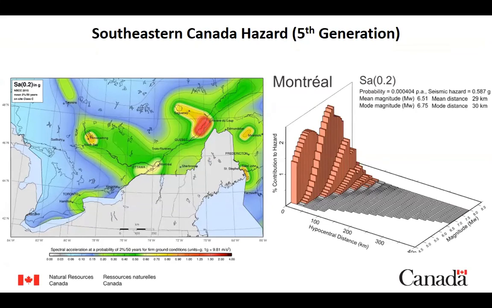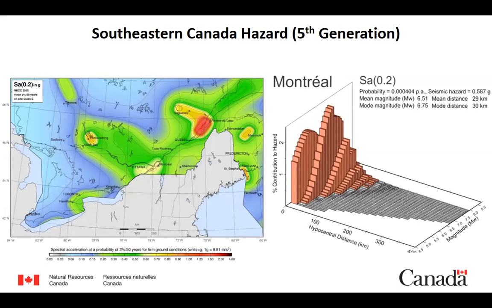The other way, the more common way it's presented, is what kind of ground motions are expected at a fixed probability level. In the National Building Code, we develop seismic hazard estimates at the 2% chance in 50 years. That means we want to know what is the ground motion that I can expect with a 2% chance in the next 50 years, that it will be that or larger.